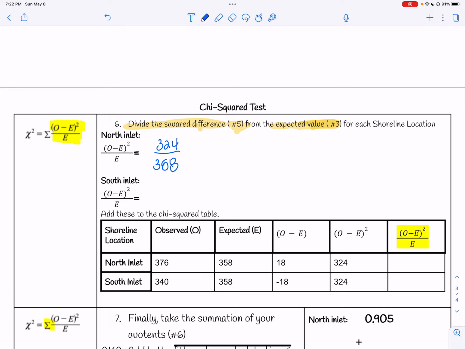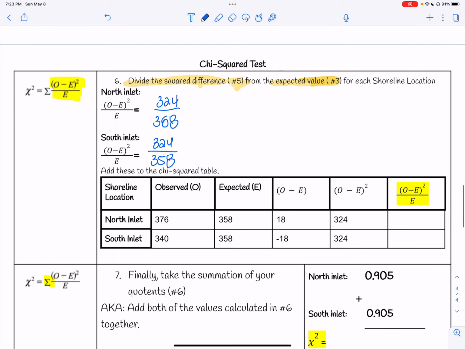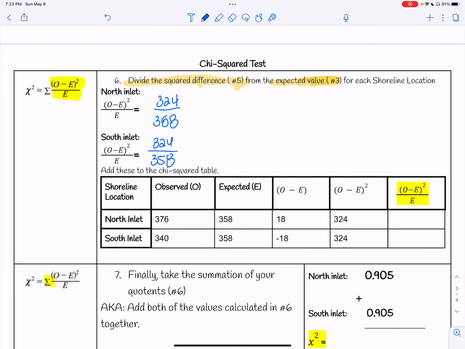And then the south inlet, 324, all over 358. And you should get for your answer 0.905, 0.905.